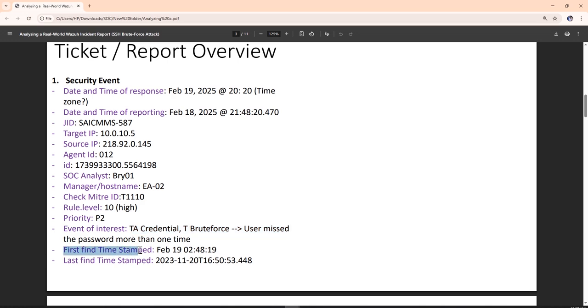Then the first timestamp and the last timestamp. So we're going to analyze all these things one after the other. Then we call it a day and get ready for our next class, which will see us inside the Wazuh trying to replicate this kind of report.